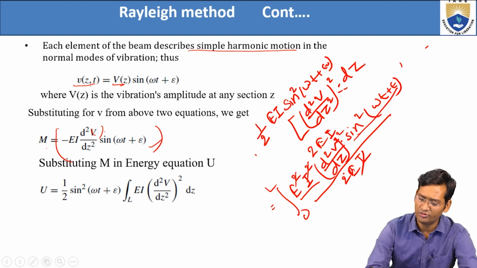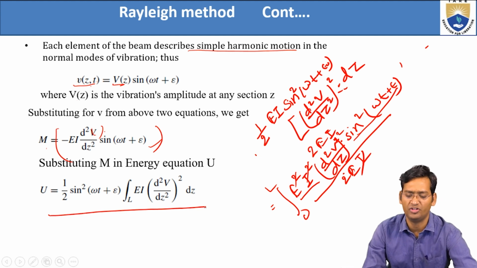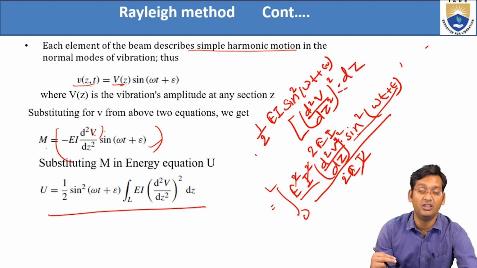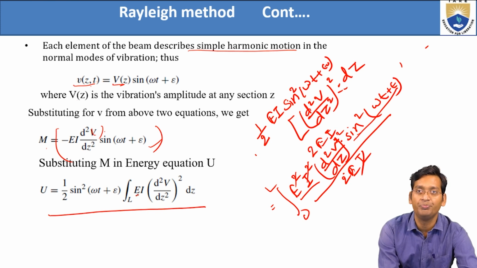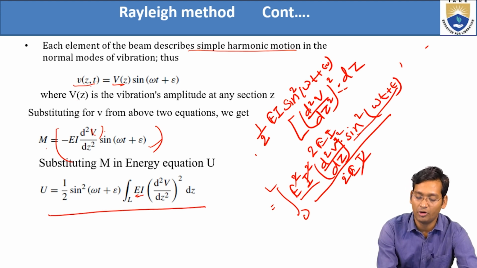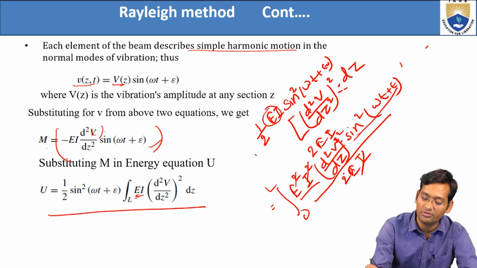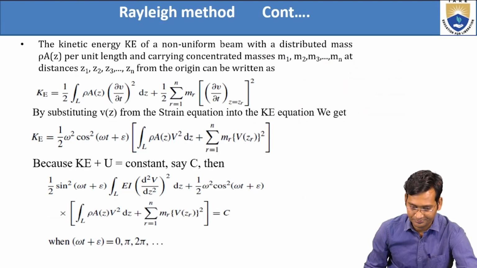I took EI common because EI is constant. If EI varies with the material or depends on the dimension, then we have to keep EI inside the integral, depending upon the given condition. If it is constant, then simply you can take it out of the integration.